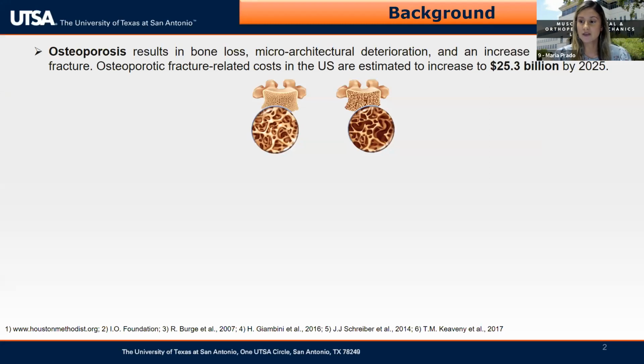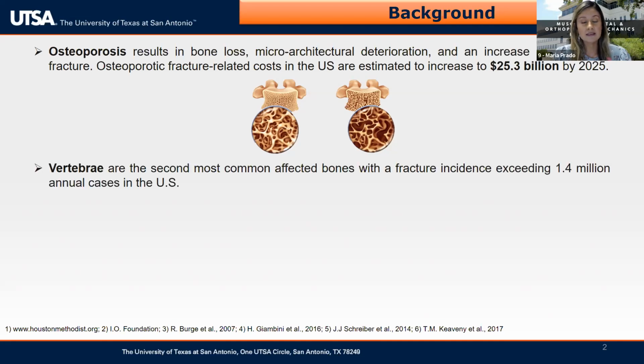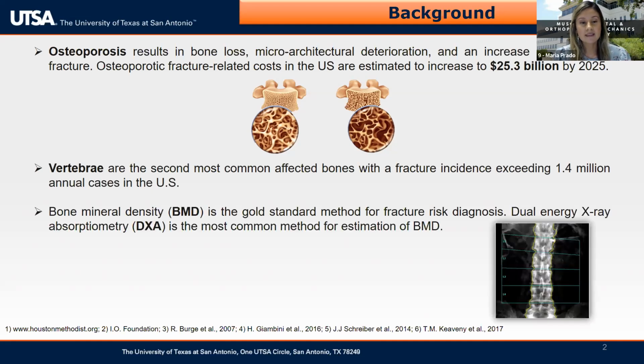Osteoporotic fracture-related costs in the US are estimated to increase to 25.3 billion by 2025. In this context, vertebrae are the second most commonly affected bones, with a fracture incidence exceeding 1.4 million annual cases in the US.